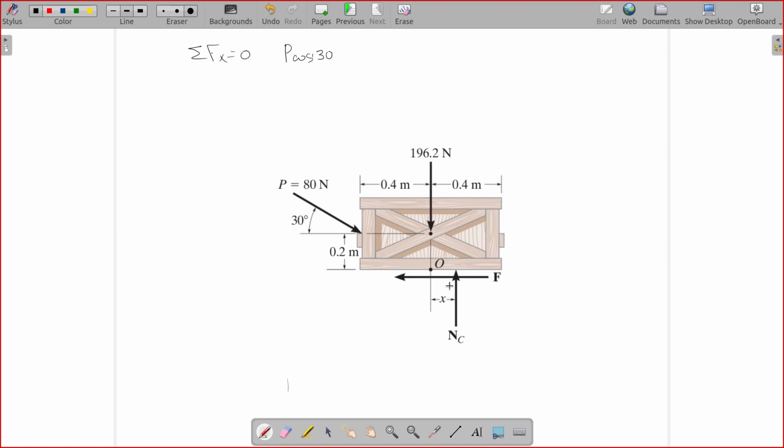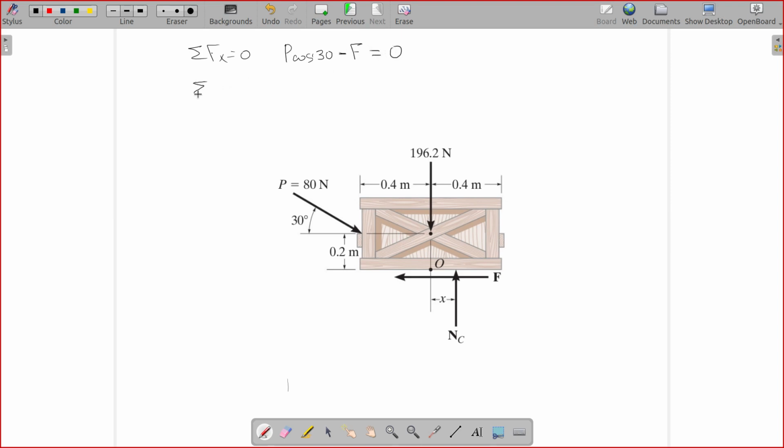But F is completely horizontal, and I'll write F. And is it negative or positive? It's negative. It is acting towards left. That's it. So the sum should be equal to 0.